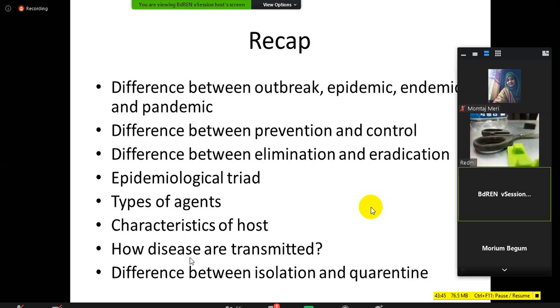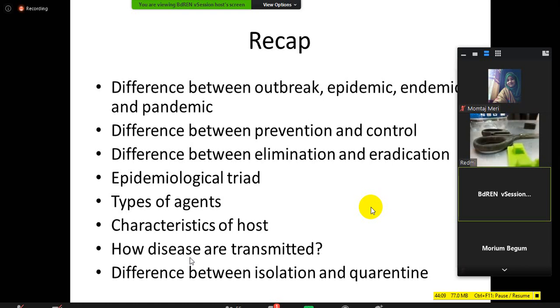Air and water cannot be used as a reservoir, because by our definition an agent is living or non-living, tangible or intangible, and it should live in that place and be able to reproduce.